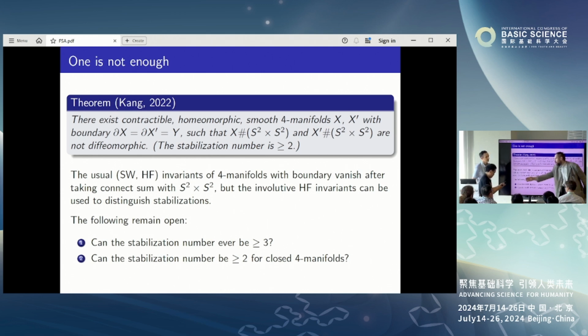So, where do you have the best hope to have combinatorial ways of detecting smooth structures on four manifolds? Okay, well, there was a paper in February that did just that by Teo Ren and Mike Willis.